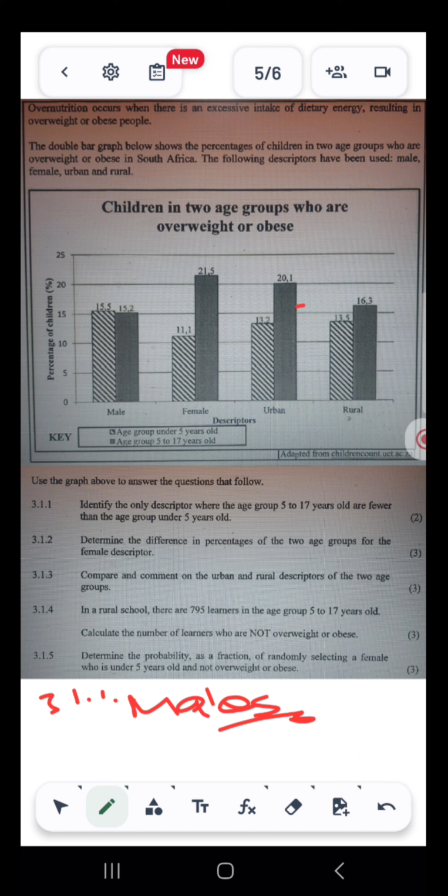The first thing I see is that especially the girls in urban areas are way more obese than the girls in rural areas, right? The other person can say the boys in rural areas are a bit more obese than the boys in urban areas, right?